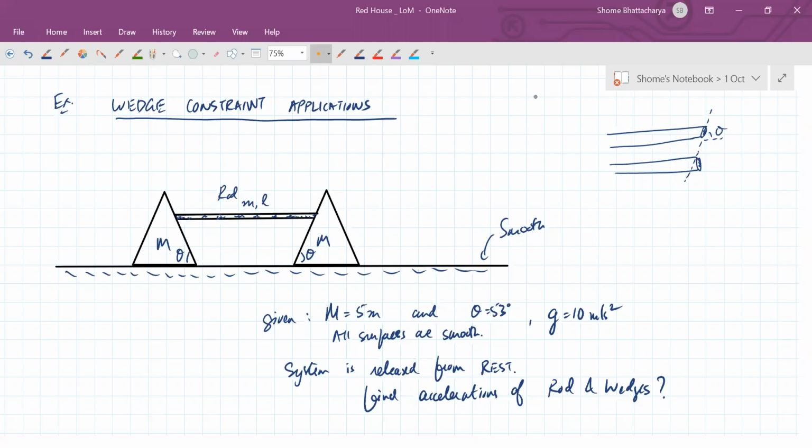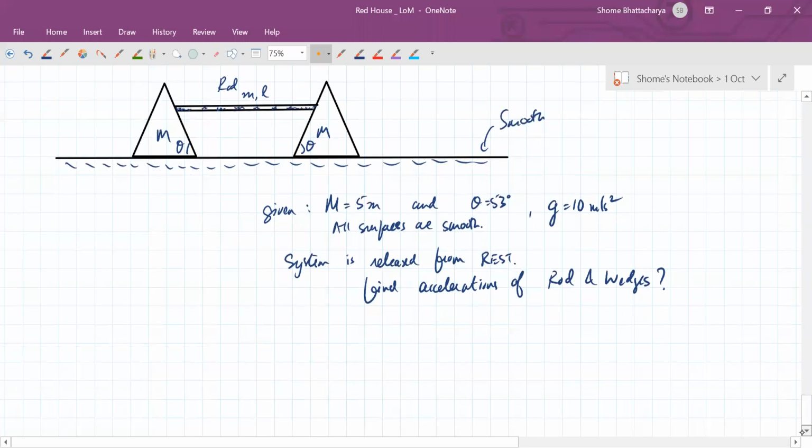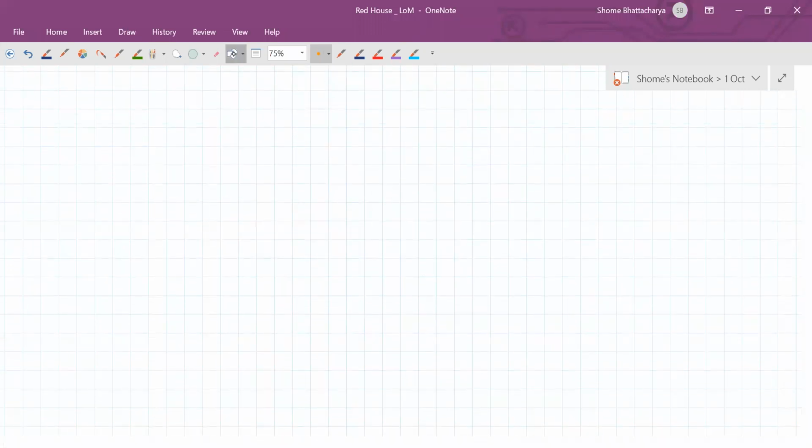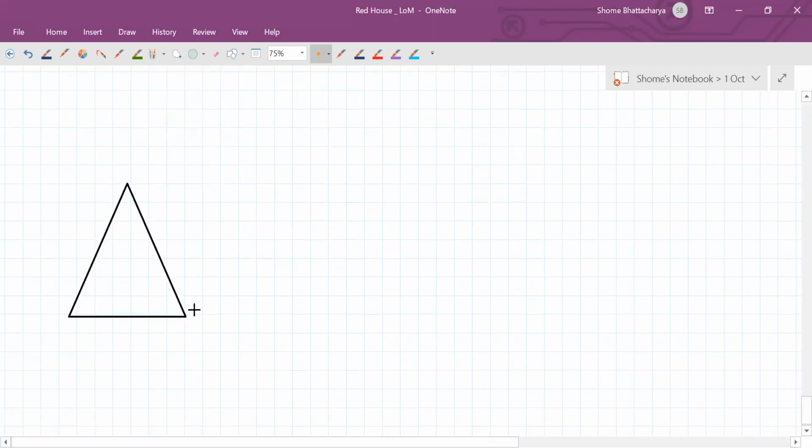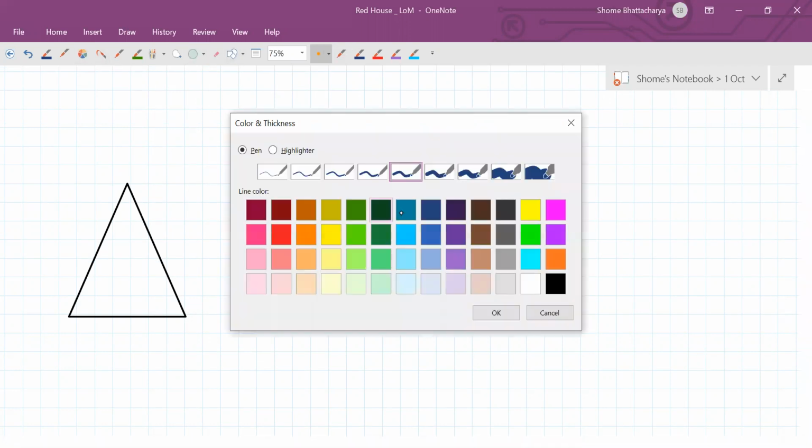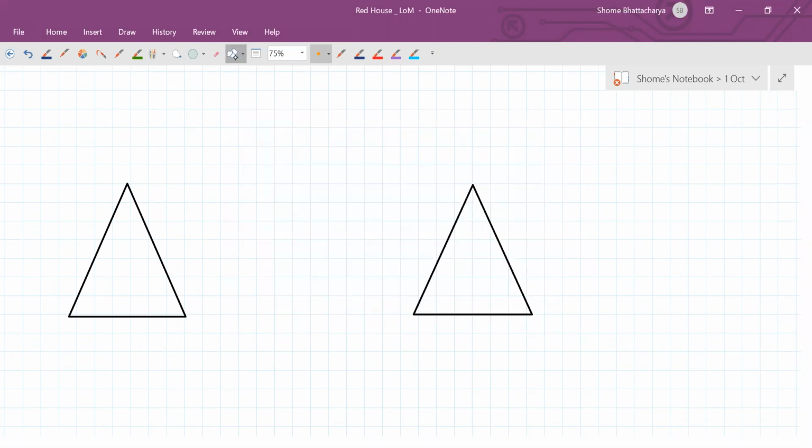Okay, so just continue working on it. I'm just making the free body diagrams. So on each of the triangular wedges, you see that the vector forces you have will be like a normal reaction like this, and symmetrically the same normal reaction like this.